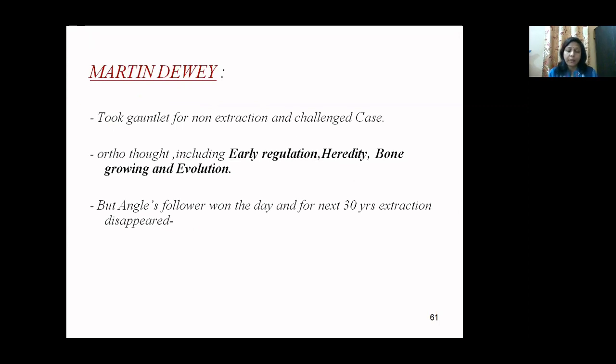Martin Dewey took up the gauntlet for non-extraction and challenged Case. Ortho thought, including early regulation, heredity, bone growing, and evolution, was his contribution. But Engel's followers won the day, and for the next 30 years, extraction disappeared from orthodontics. Everyone was doing non-extraction treatment.